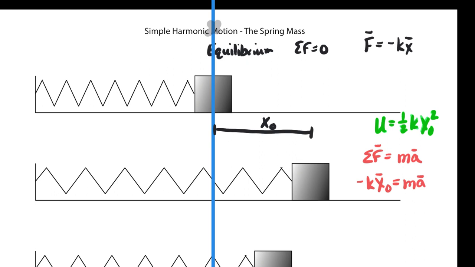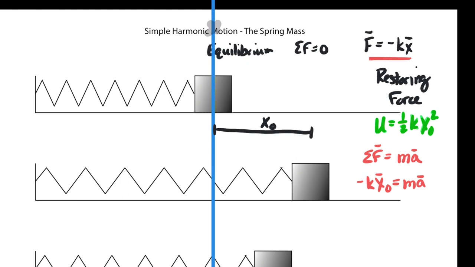The object has been displaced to the right and is currently experiencing an acceleration to the left. That's what Hooke's law states. In your notes, what I want to remind you about is Hooke's law is what we call a restoring force. It's attempting to restore the system to equilibrium.